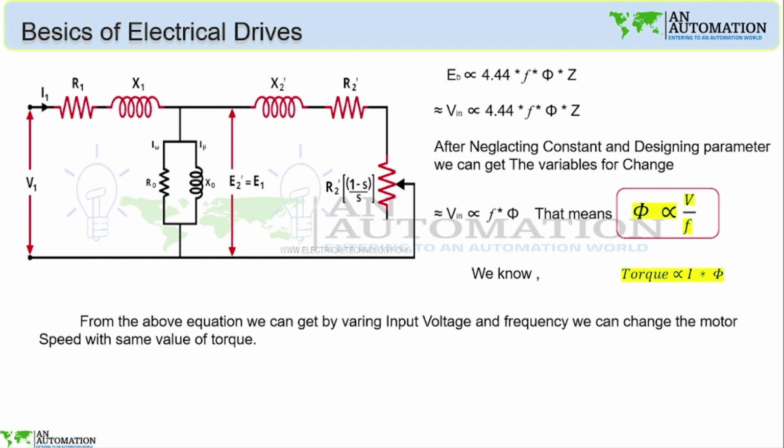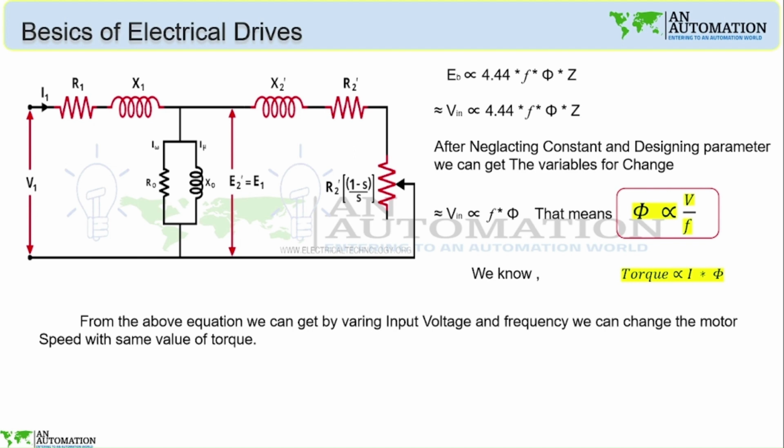E1 is proportional to 4.44 multiplied by f, phi, and Z, where f is the frequency, phi is the flux, and Z is the number of turns per phase. We can easily write V is proportional to 4.44 f, phi, and Z. After neglecting the constant design parameters, we get the variables for change. 4.44 is a constant.